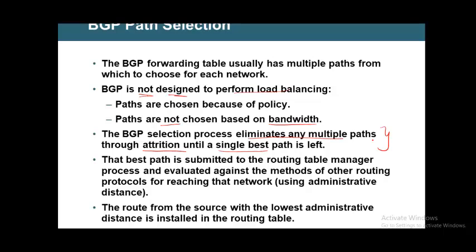I'll use this path according to this attribute. That single best path is left and placed into the routing table. See, it is given to the routing table manager. Again, very important point. The manager is the final decision maker.